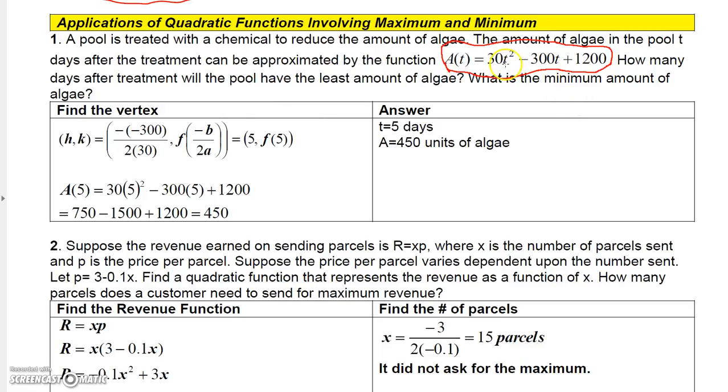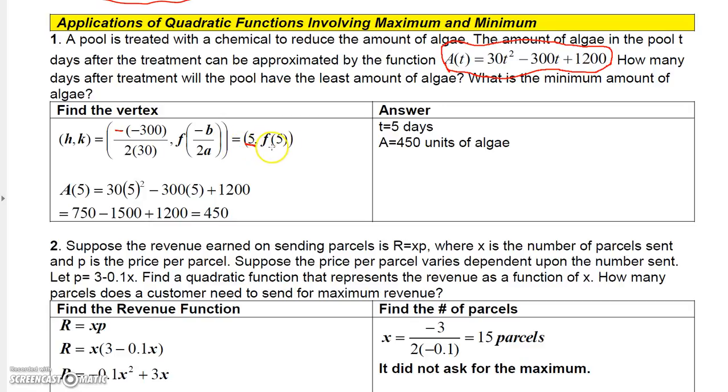So since it's a parabola that opens upward, I just need to find the vertex, so I can use the vertex formula. If I do minus b, so minus b is negative 300, so I have minus negative 300 over 2a. A is 30. So that's 300 over 60, which is 5. So 5 days is the answer.